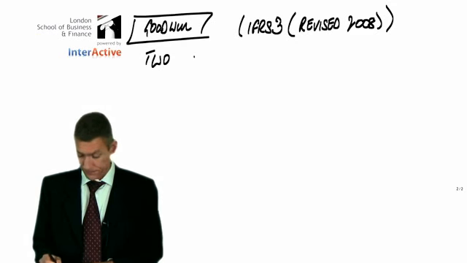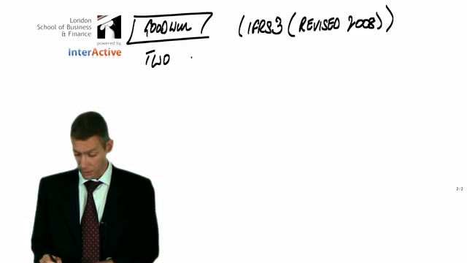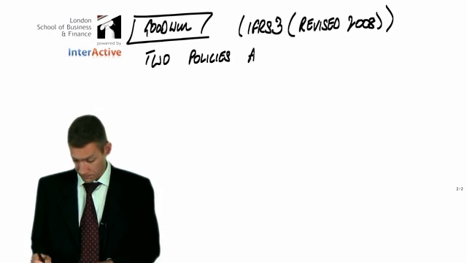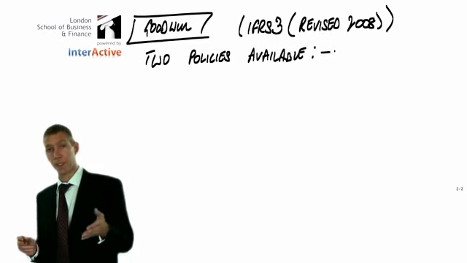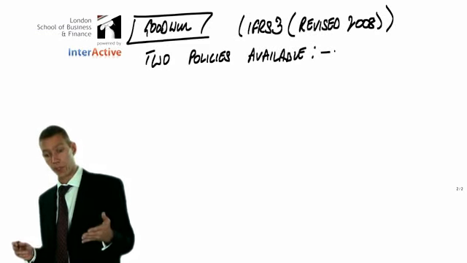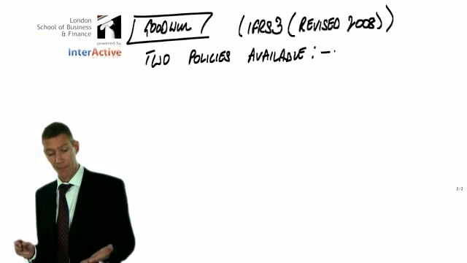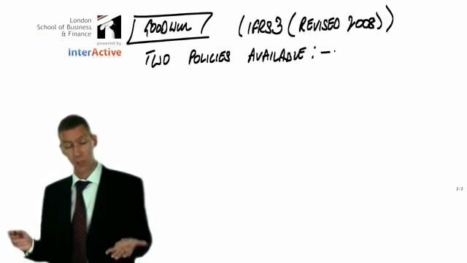There are two policies, basically. There's the one that we did called the full goodwill, and there's the one that I'm going to show you now, which is going to be rarely examined, but you have to be able to cope with it.